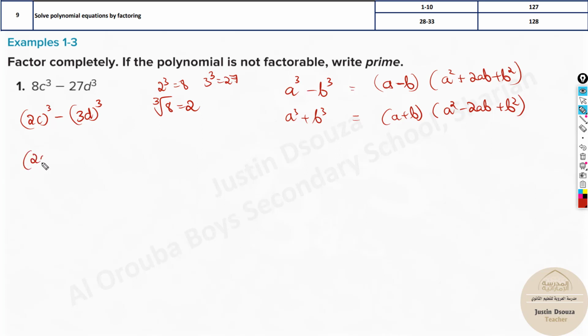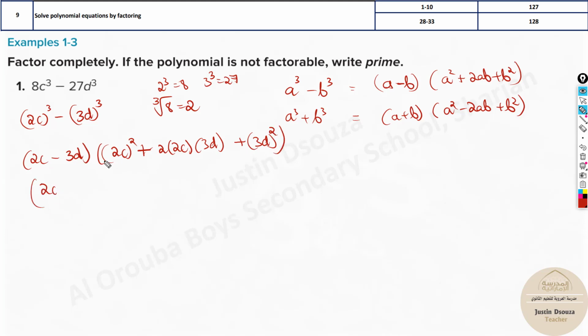So it will be 2c minus 3d, whatever is inside, multiplied with the first term squared, 2c the whole square, plus 2 times 2c times 3d plus 3d the whole square. Okay, this entire thing. Now let's rearrange and write it.